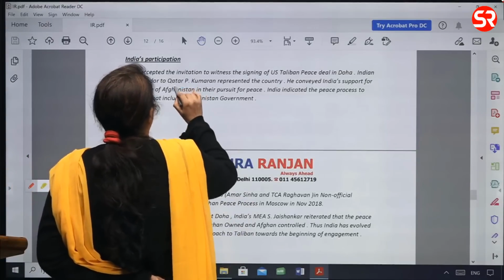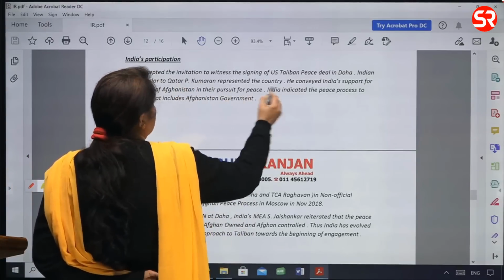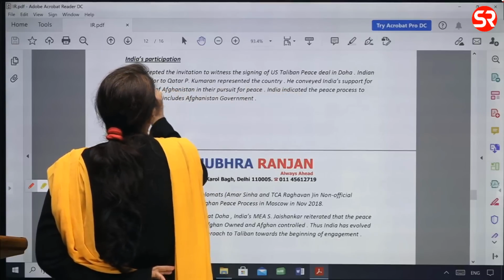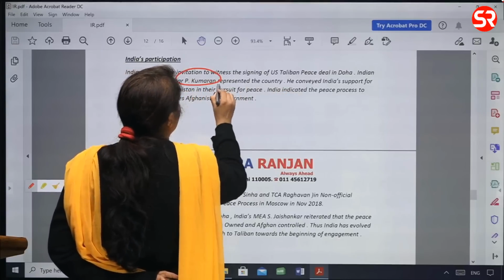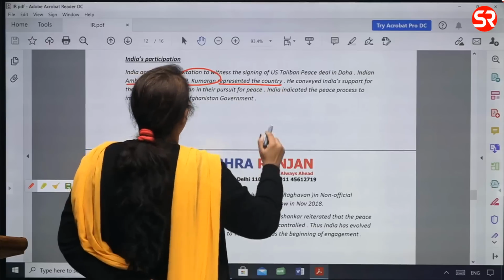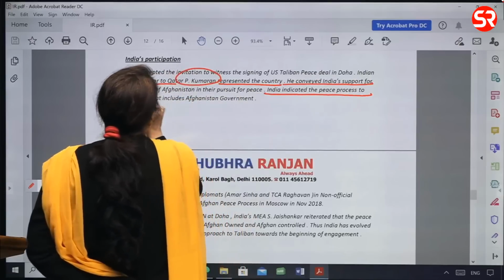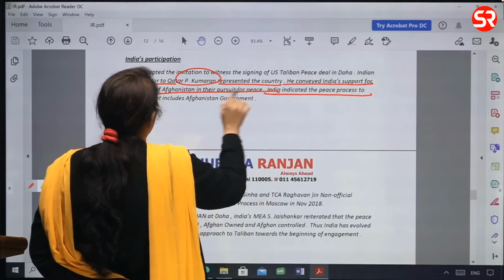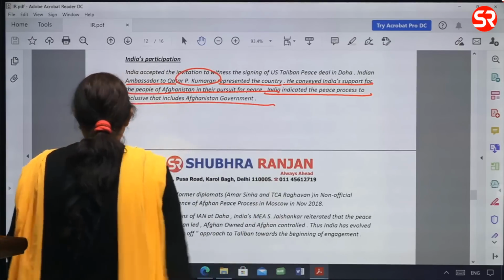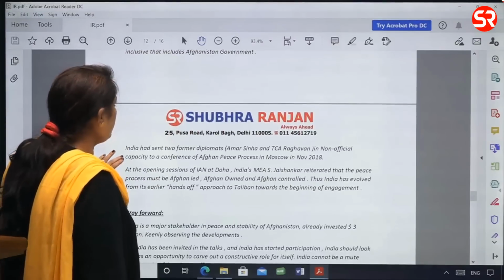India has participated in Doha talks. P. Kumaran represented the country, and India conveyed its support for the people of Afghanistan in their pursuit of peace, and held that the process should remain inclusive.